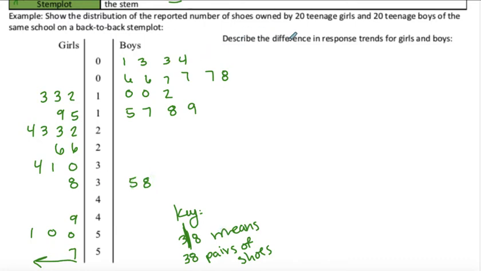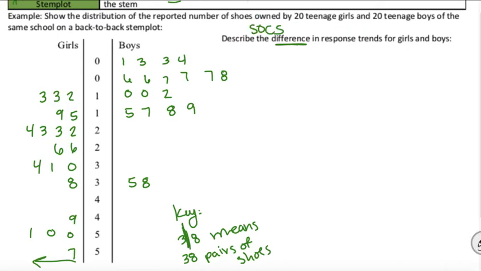So if I want to describe the difference in response trends for the girls and boys, I still want to describe the distribution. I should still be thinking SOCS here. So putting that together, I would say the average number of shoes for boys is lower than the average number of shoes for girls. I can see that the boys are lower, or I can see that the girls are higher, either way.